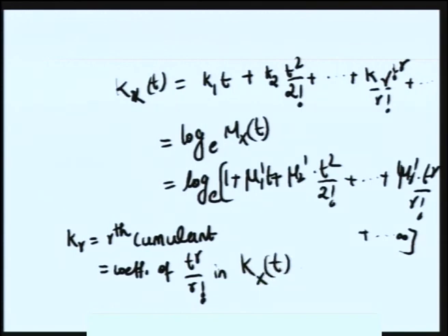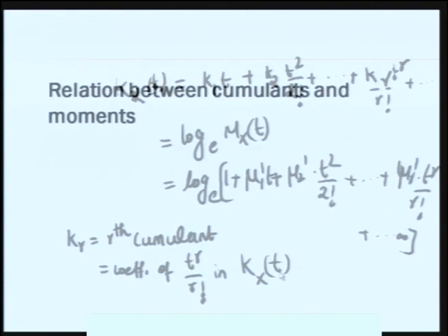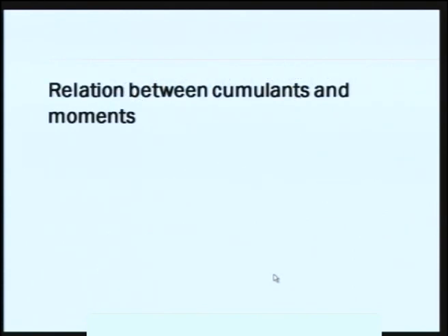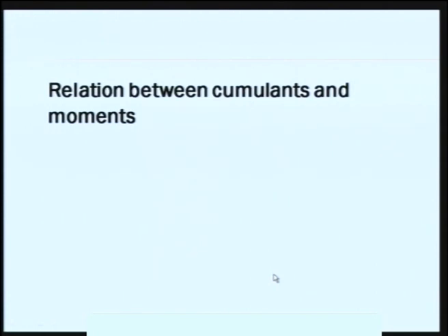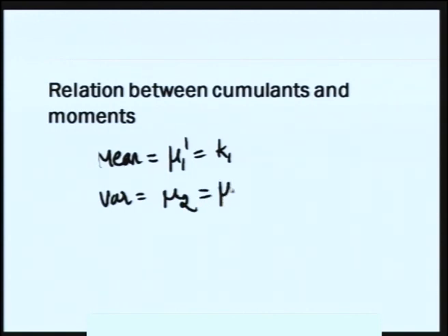So, what is its relationship with the moments? Relation between cumulants and moments: using the logarithmic series and the corresponding cumulants, we have the relation between cumulants and moments. The mean in terms of moments is mu 1 dash, and mu 1 dash is equal to k 1. Similarly, variance is equal to mu 2, which is equal to mu 2 dash minus mu 1 dash square, and this is equal to k 2.